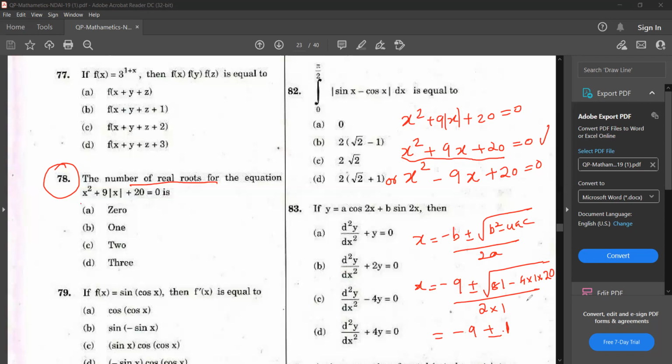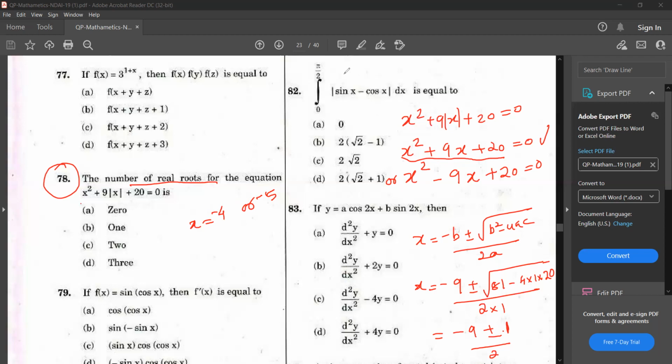That is 81 minus 80. So that is 1 by 2. So you'll get x is equal to minus 8 by 2. Sorry, minus 9 plus 1 by 2, that is minus 8 by 2. You get minus 4. Or minus 10 by 2, that is minus 5. So that is for this equation.